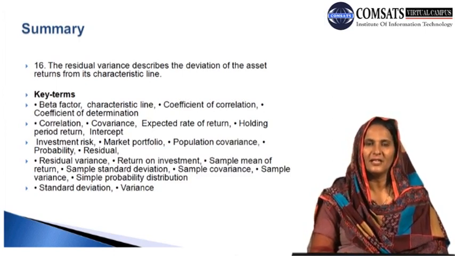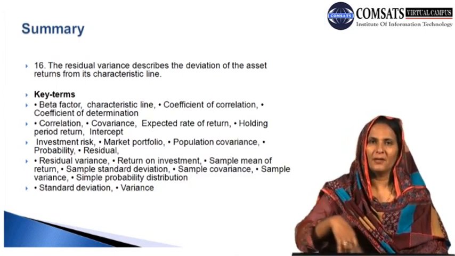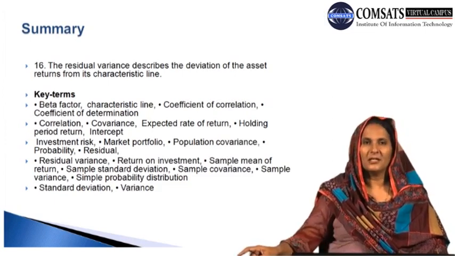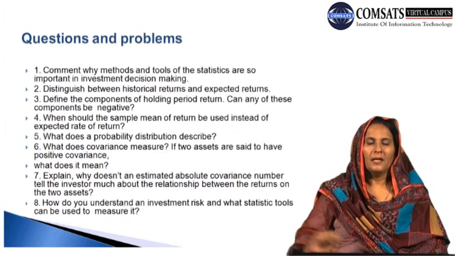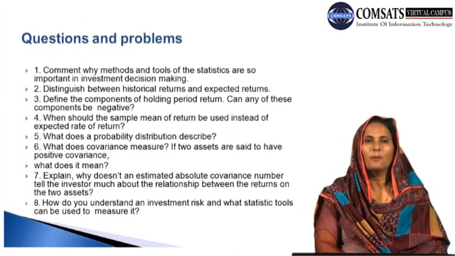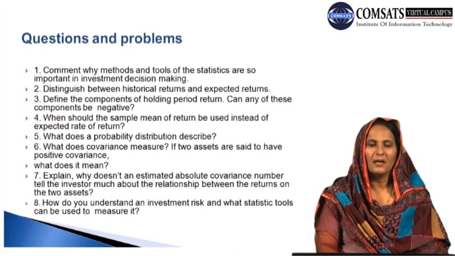All these were the key terms used during the discussion of this second chapter about portfolio management and the investment. Now we come to the questions and problems associated with this topic.